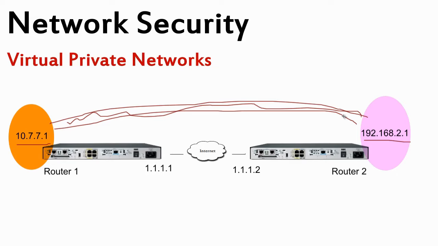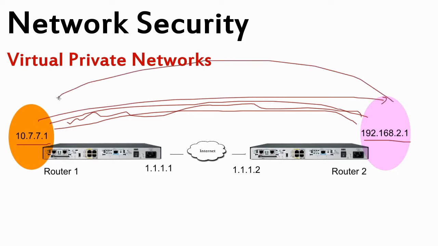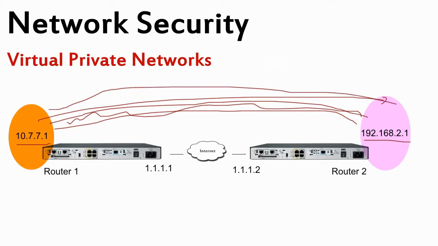It will do that if it recognizes some traffic going from this guy to that guy or from this guy to that guy. If there is no traffic going from 10.7.7.1 to 192.168.2.1, this VPN is not going to be established. That's why when you, for instance, send a message for the first time, it can take a while, because these routers have to negotiate everything.